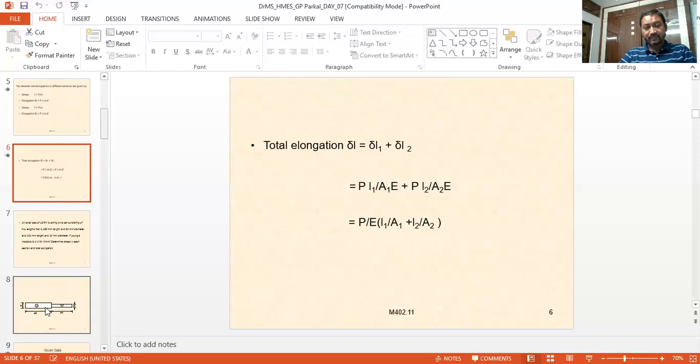As we know, tensile force will develop elongation, which produces an increase in length, whereas compressive force will result in contraction or decrease in length. So accordingly, the sign conventions can be taken. If the force produces elongation, we take positive. If the force produces contraction, we should take the negative sign.